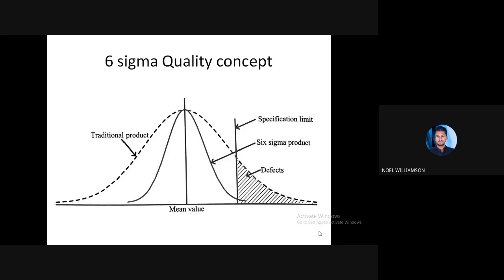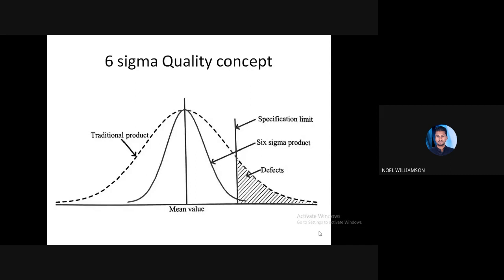The main goal, the objective of this Six Sigma quality concept is mainly to reduce the number of defects to a very low value, that is 3.4 parts per million.